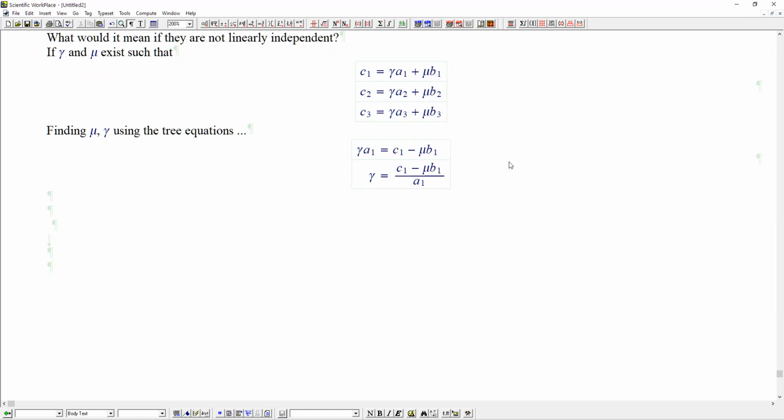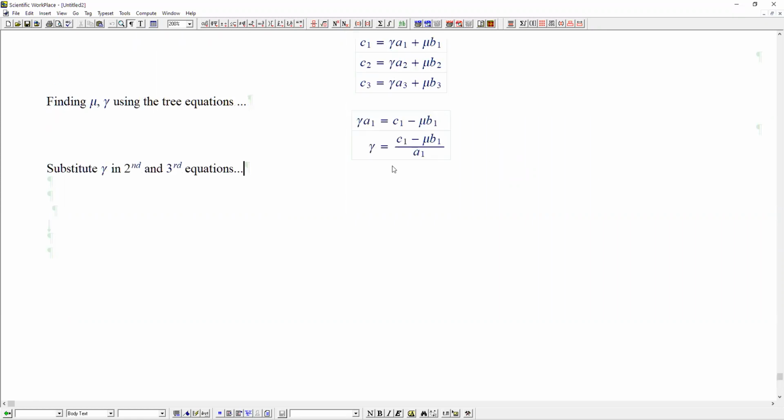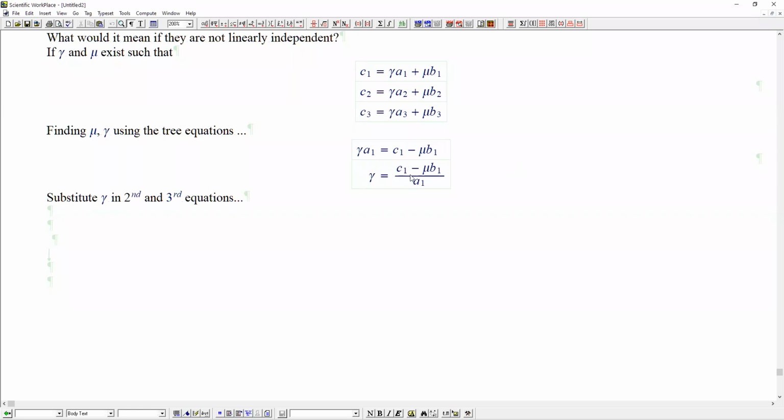Then you substitute gamma in the second and third equations, and so on and so forth.